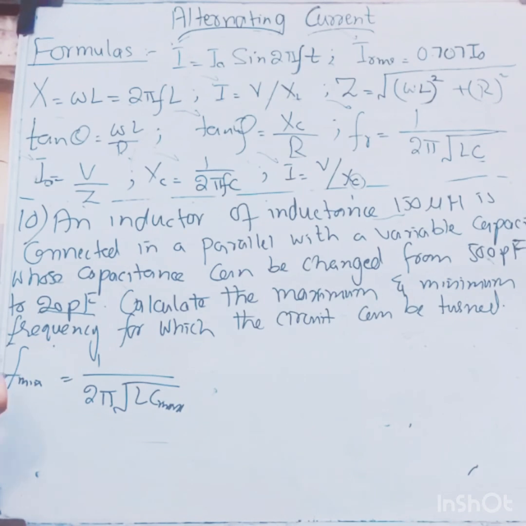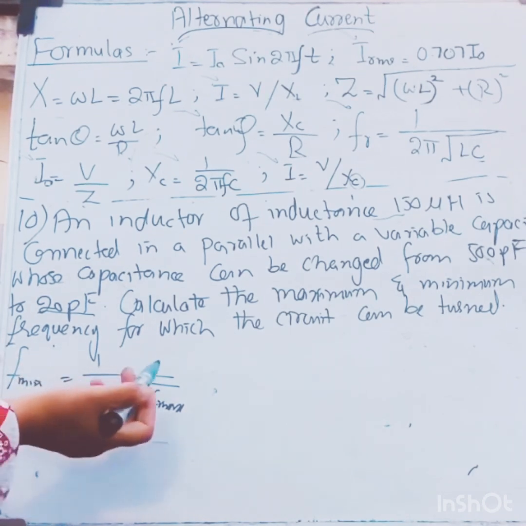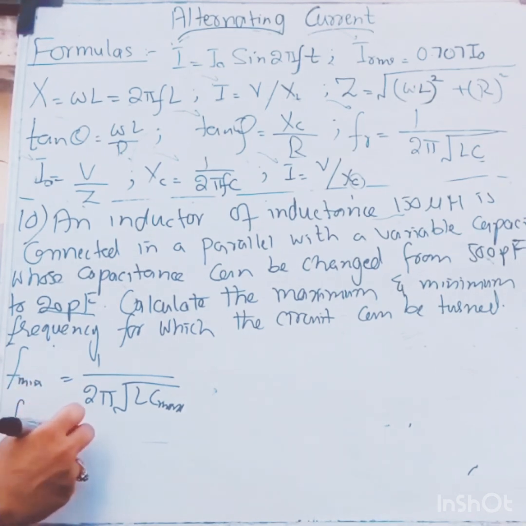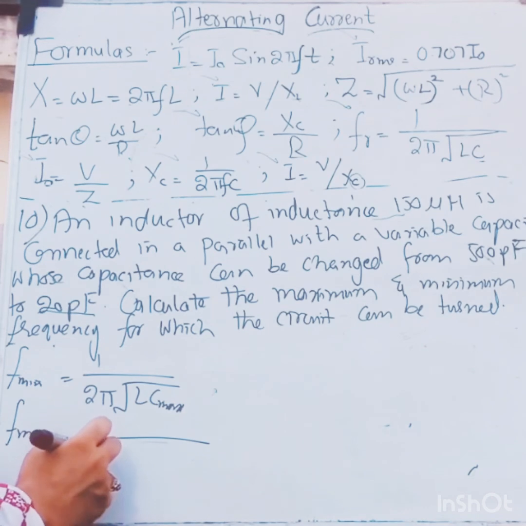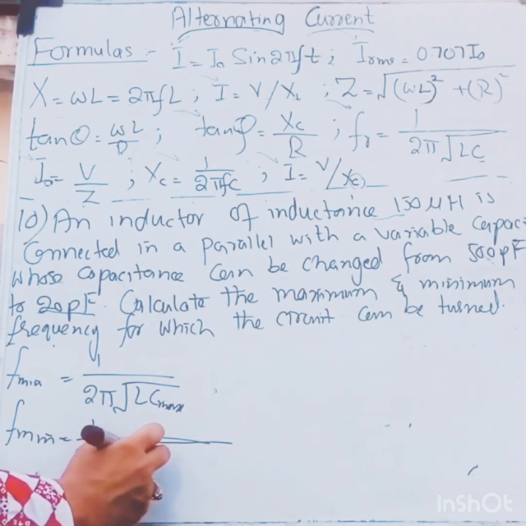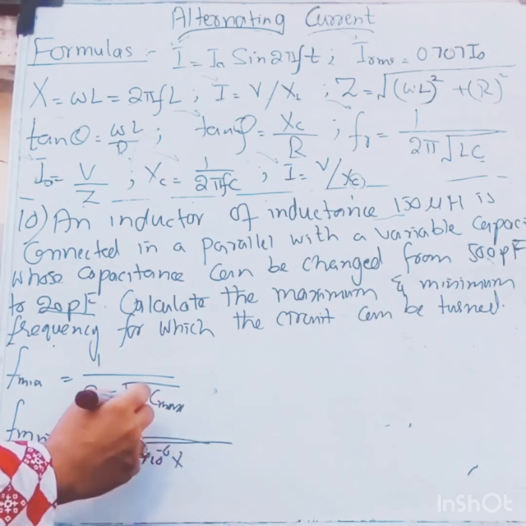Let's find F minimum. For F minimum, I use C maximum because both have an inverse relationship with each other. F minimum is equal to 1 divided by 2 pi under root L, which is 150 into 10 to the power minus 6, multiplied with C maximum.